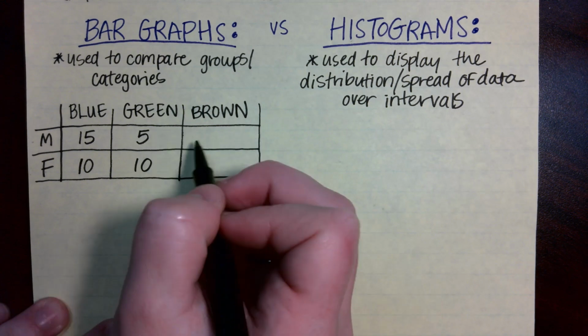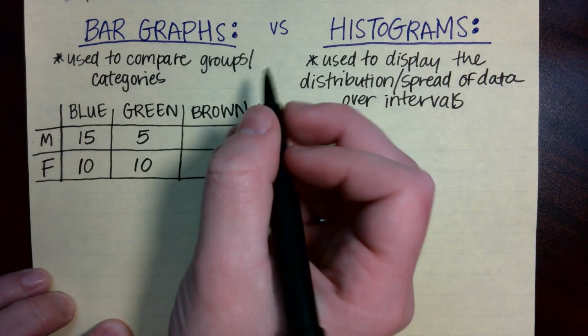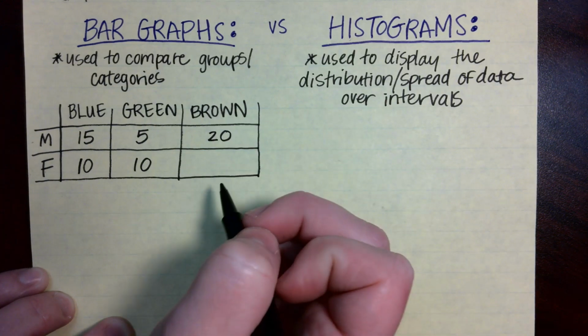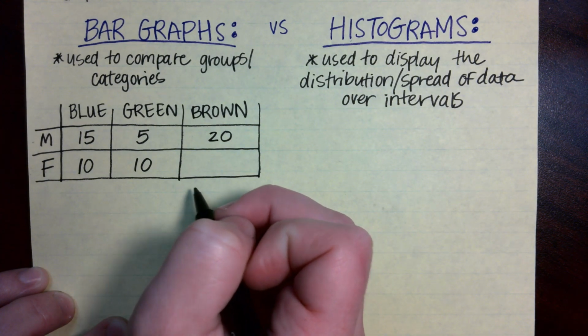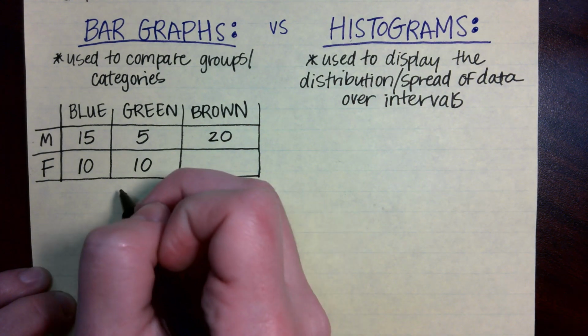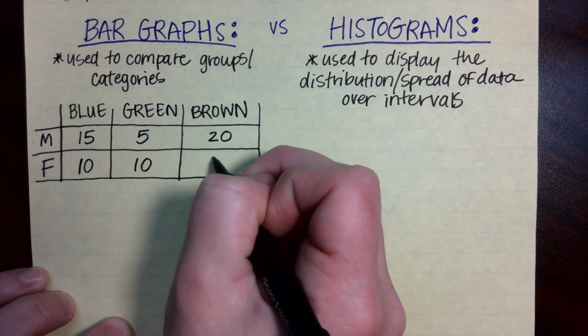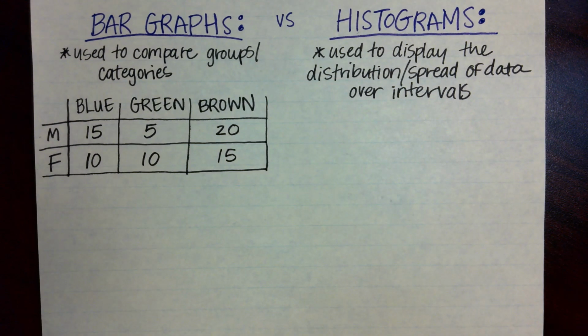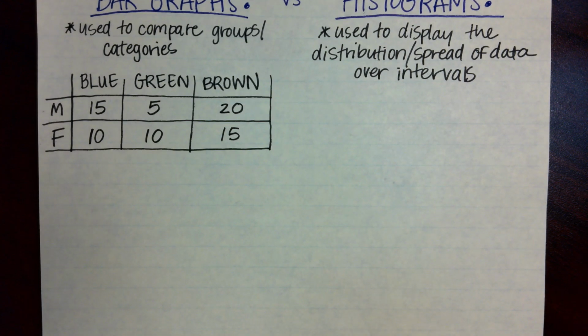And then male brown eyes will be 20. And female brown eyes will be 15. Okay.